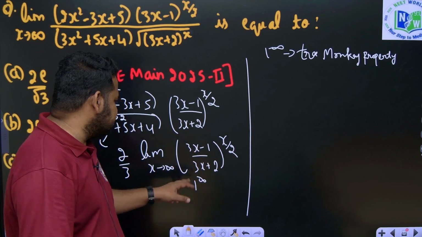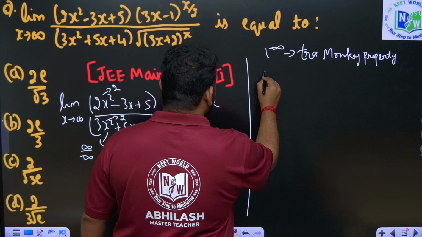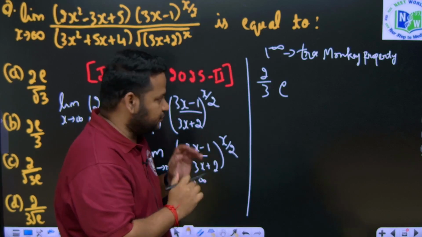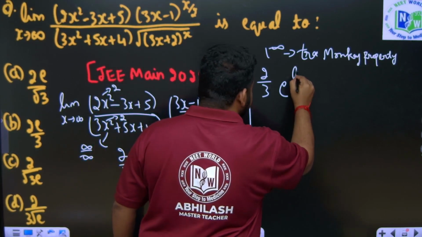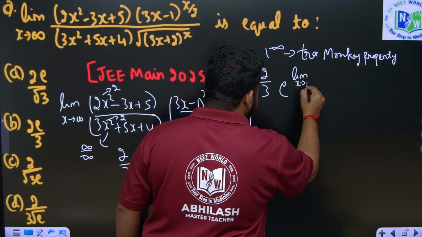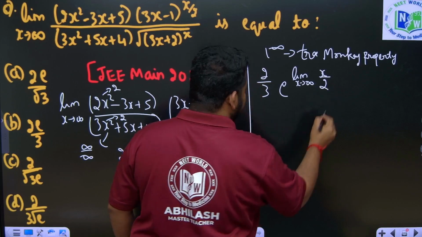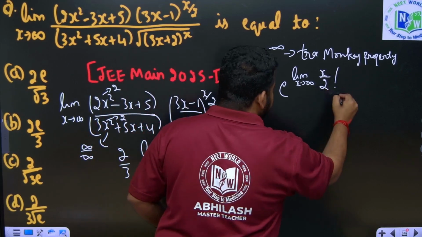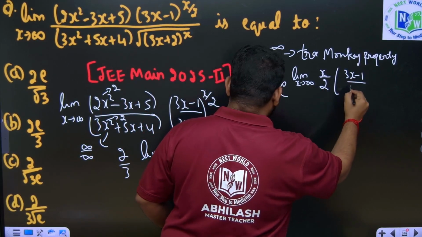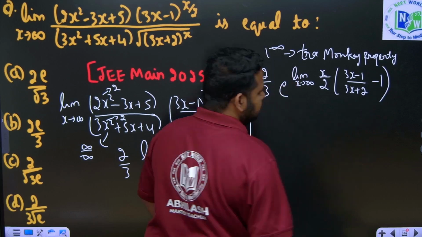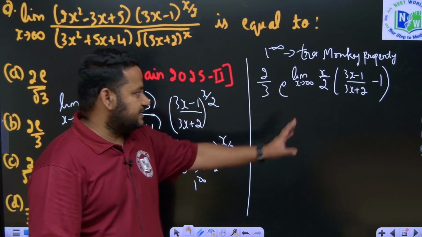So if we bring this down, 2 by 3 will remain outside, and this will become e to the power of limit as x extends to infinity. This monkey will come down, and this will be (3x − 1)/(3x + 2) minus 1, this entire thing minus 1.